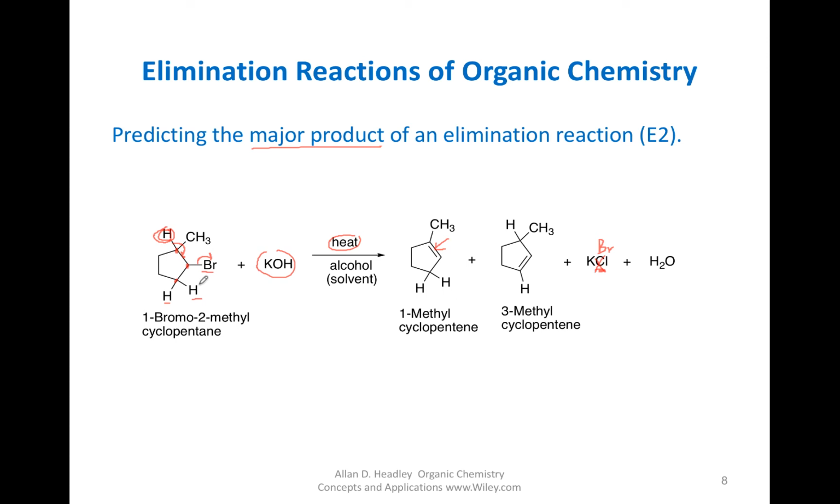It's possible for the KOH to take off this hydrogen to create a double bond here. So we have two possible products. The question now is, which is the major product? Let's see if we can determine that.